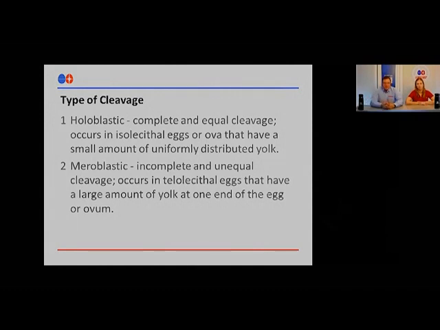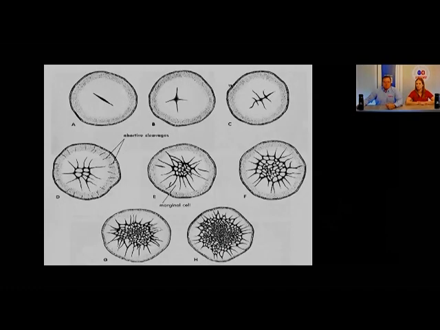Two different types of cleavage. The avian system is a meroblastic cleavage, incomplete and equal cleavage. That's what we're talking about as far as their cell division, but it's not increasing in size of the whole mass. There's just an increase in cell numbers. These are eggs like our avian eggs, a large amount of yolk at one end of the ovum. So this is what we see as far as the cleavage.